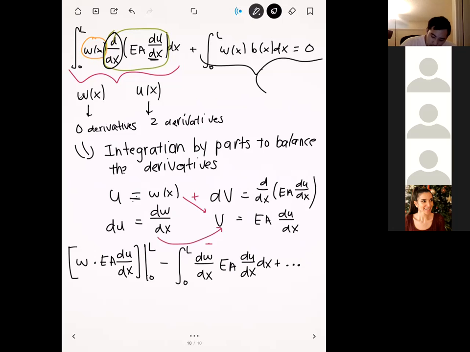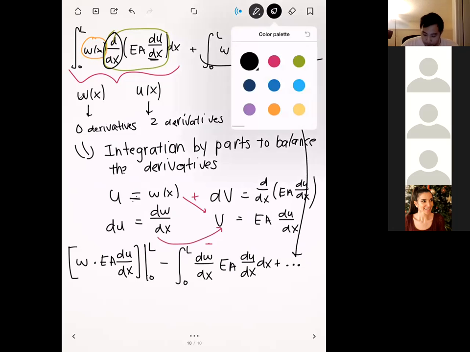And so, even though we're not doing anything with this integral on the body force term, we can't forget it. So we still need to bring that down.